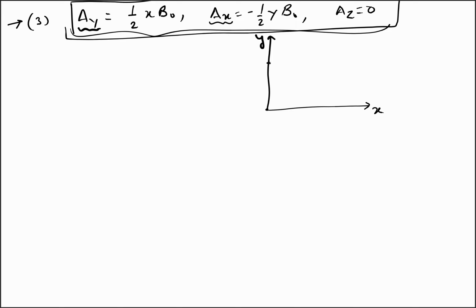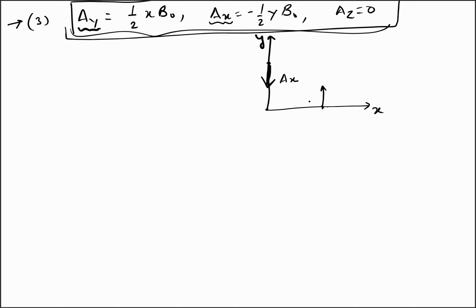So at this point x is equal to 0. So you see that the y component of A, the vector potential, will be 0, and the x component will be like this. That is, there will not be any y component, only an x component. Again, if I am here, then y is equal to 0, so the vector potential will only have a y component, and its x component will be 0.